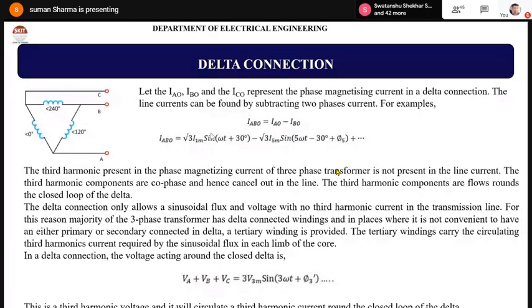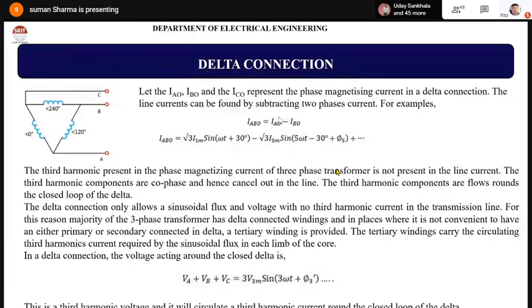So let IA naught, IB naught and IC naught represent the phase magnetizing current in the delta connection. And line current can be found by subtracting any two phase currents. For example, line current IAB naught. This will be nothing but the difference of IA naught and IB naught.